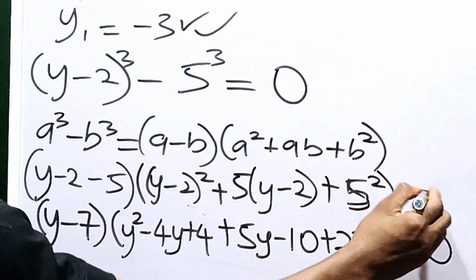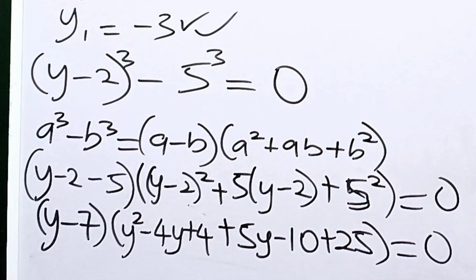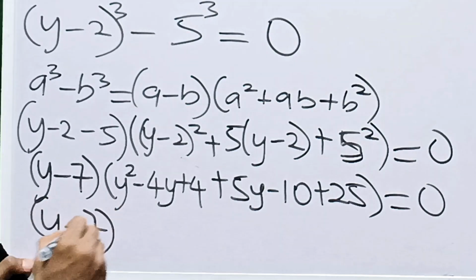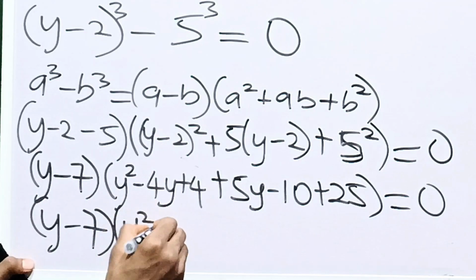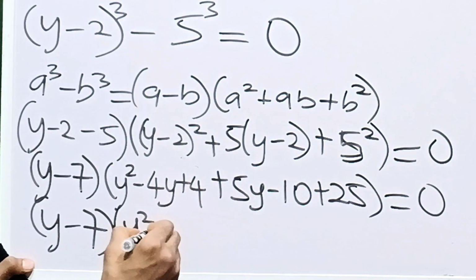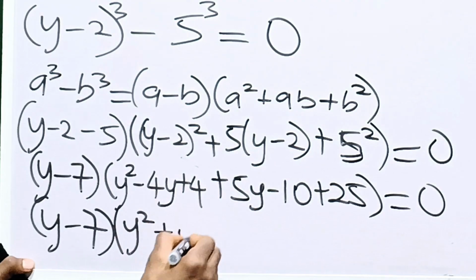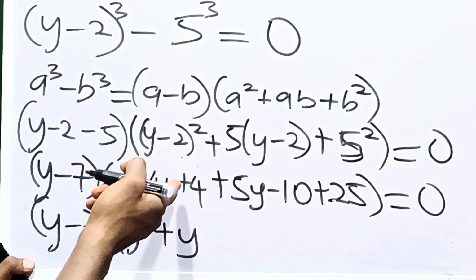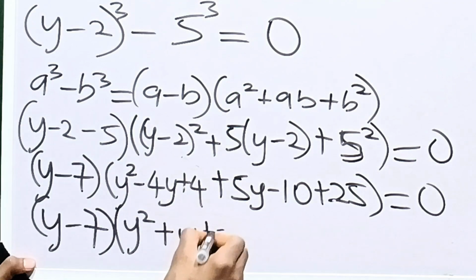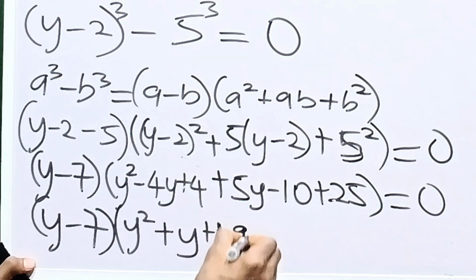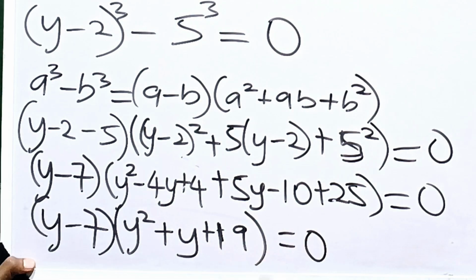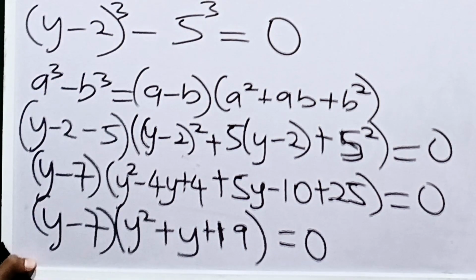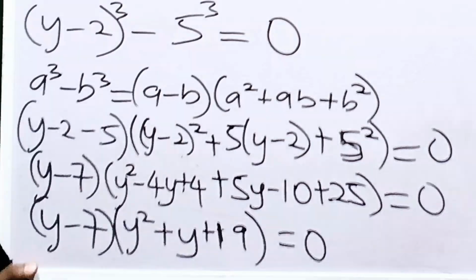Now this is y minus 7 multiplied by y squared minus 4y plus 5y, which is plus y, then 4 minus 10 plus 25 is 19. This is equal to 0. So we reach another place where the product of things is equal to 0, and let's simply solve this and get the remaining answers for y.